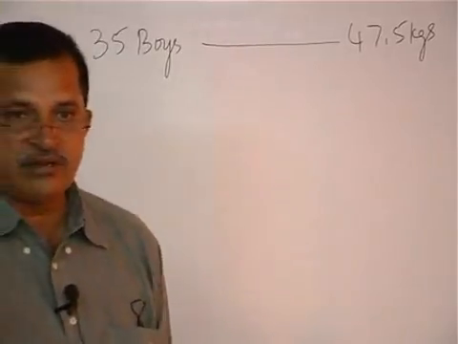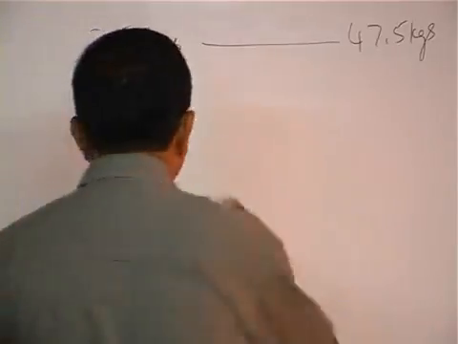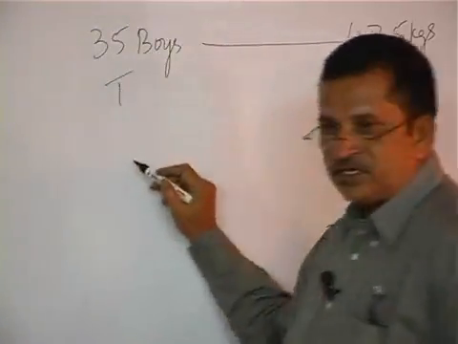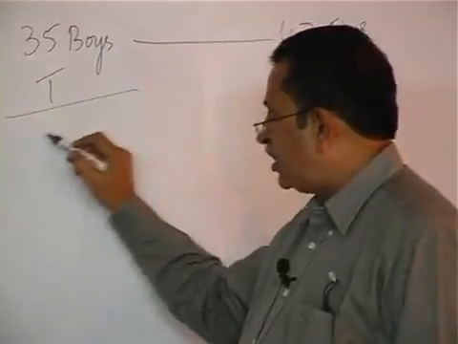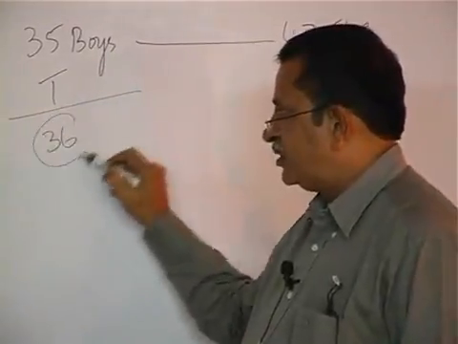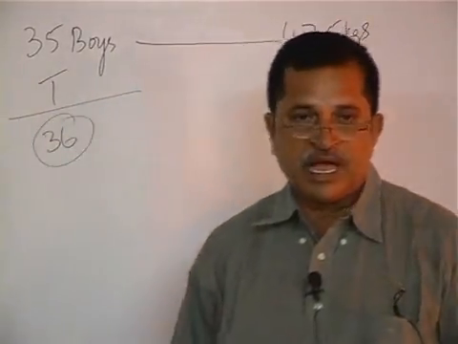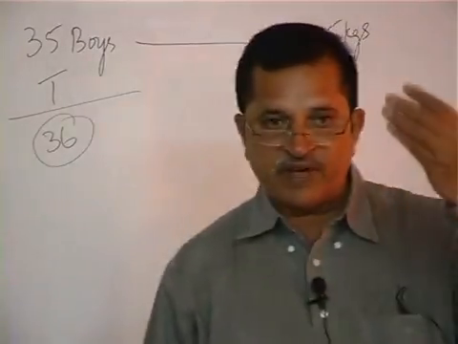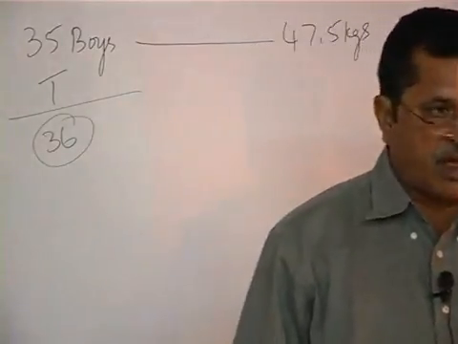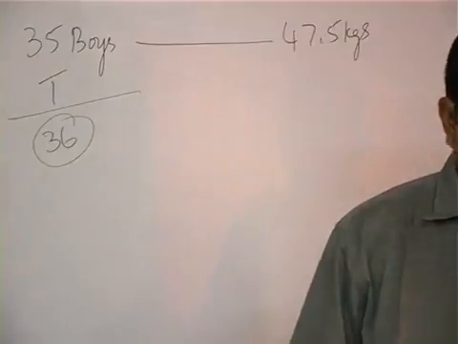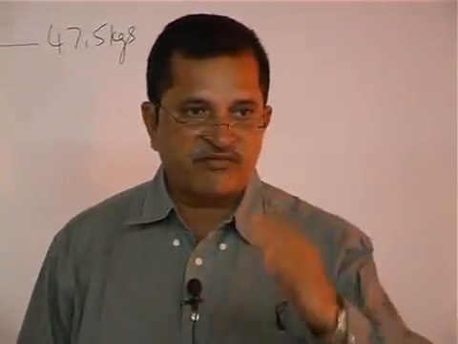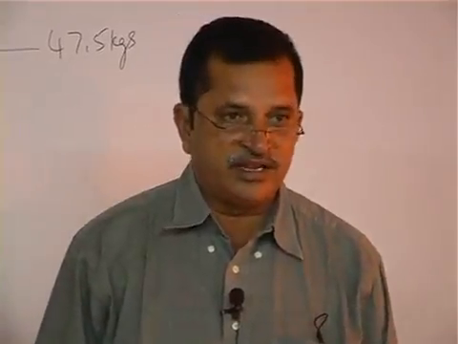What happened when the teacher is included? Teacher is included means total became how many members? 36. The average is raised by 500 grams, means for all the 36 members, each weight is raised by 500 grams. 36 half kilos means 18 kgs.